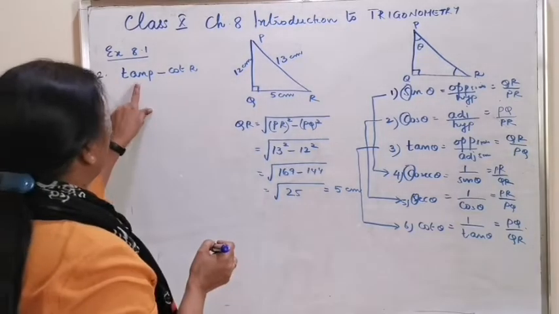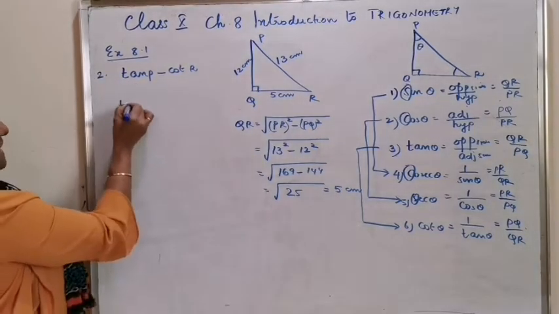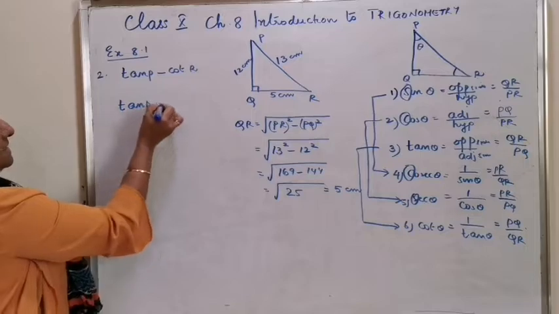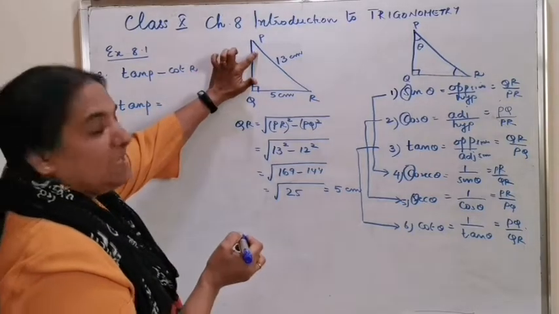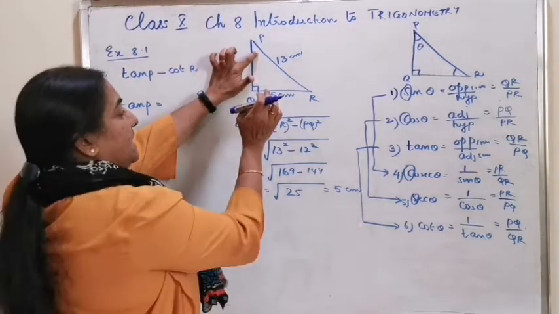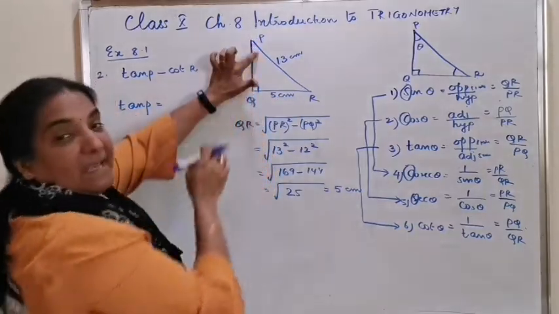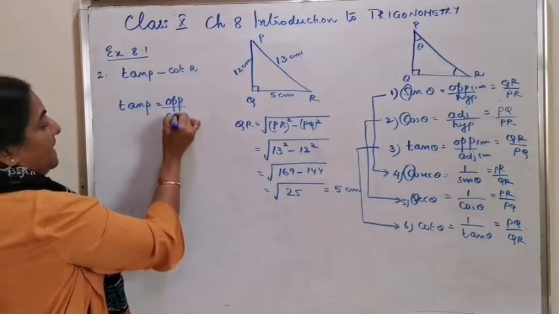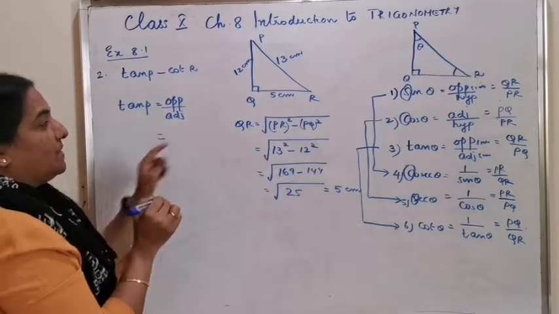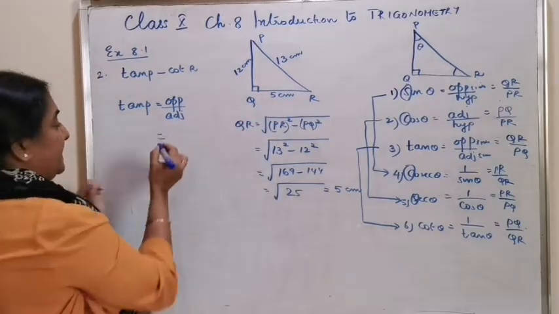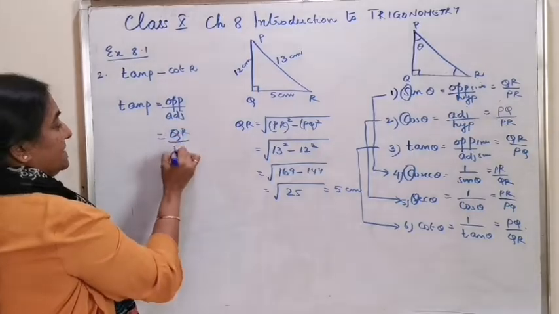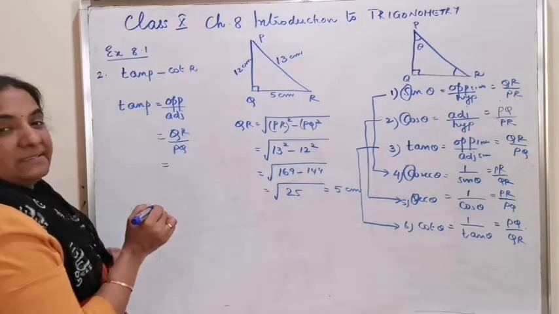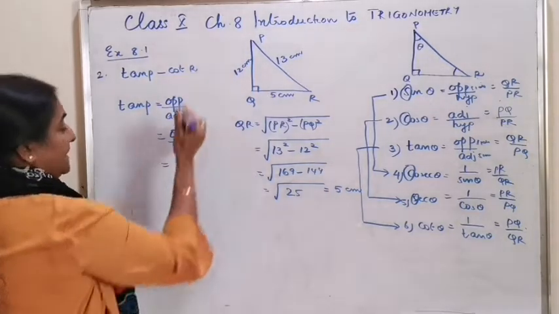And now you have to find what is tan P. Tan P, for angle P, tan is its opposite side by its adjacent side. Its opposite side is QR, adjacent side is PQ, and the answer is 5 by 12.